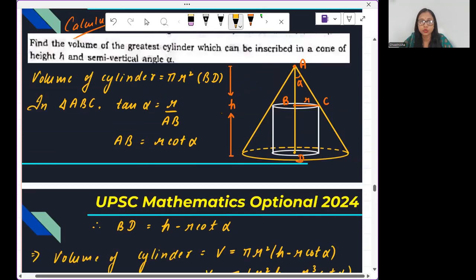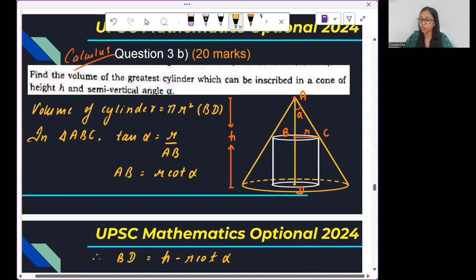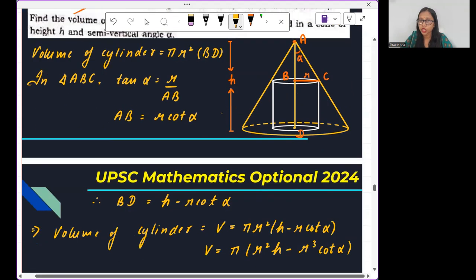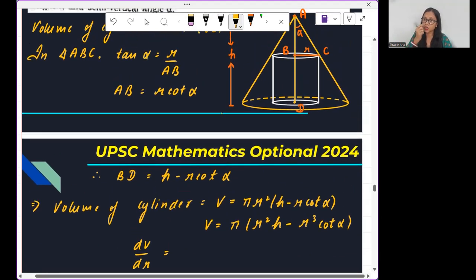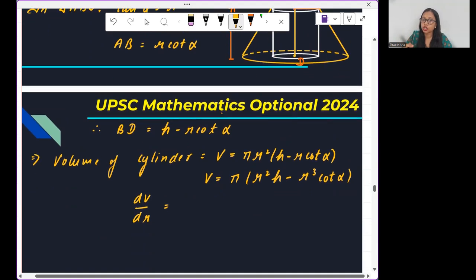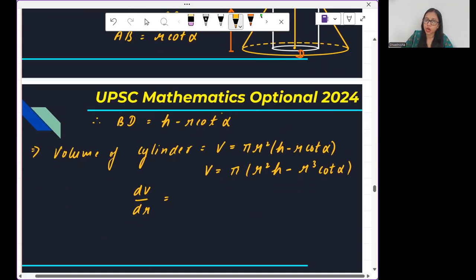I want to maximize the volume, which means I want the maximum value. How can I find it? By finding the derivative and equating it with 0. So dV by dr: h is fixed, alpha is fixed, and the only thing I can vary is r, because I can choose the radius myself. So the differentiation is with respect to r. Pi common, that will be 2rh minus 3r square cot alpha.